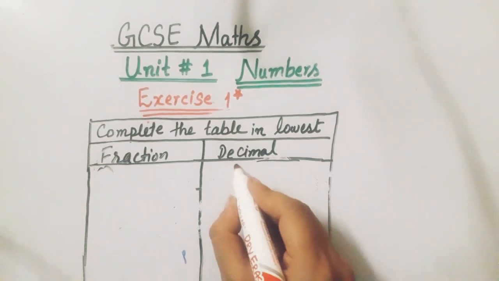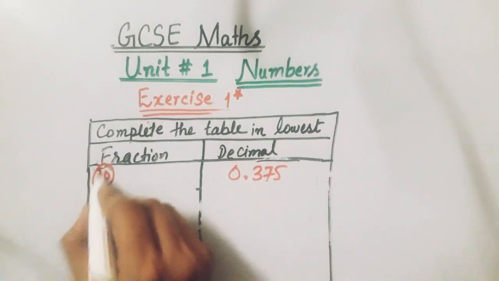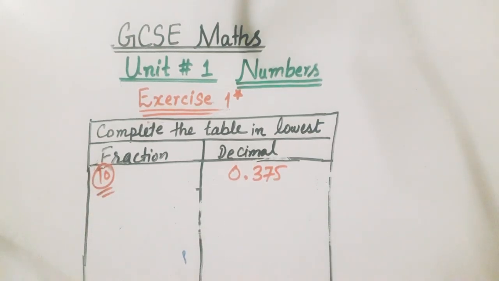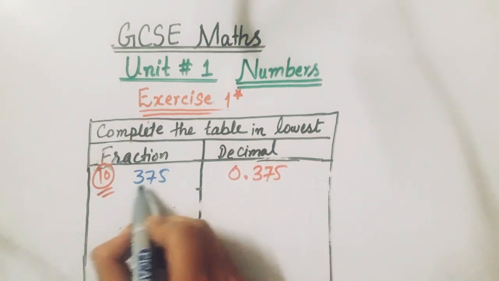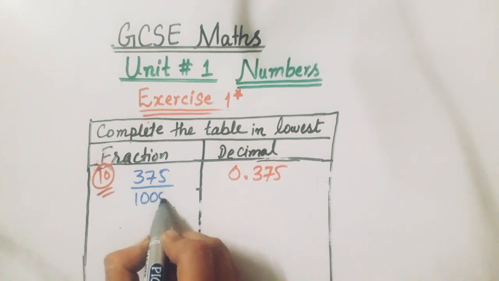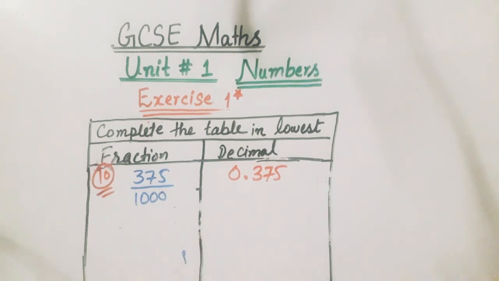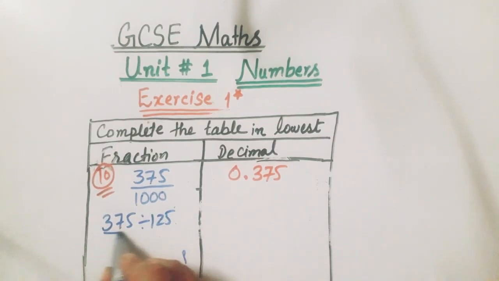In question number 10 we have 0.375. We have to convert this into fraction form. So write 375 divided by 1000. We will solve this in just one step. 375 is divided by 125 and 1000 is also divided by 125.